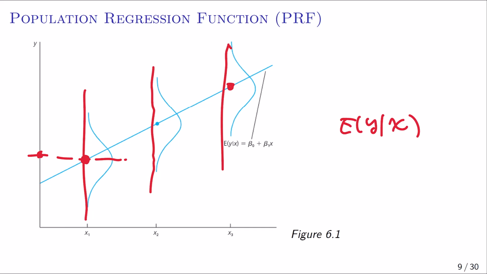Given x1, there is an expected value of y, and this expected value of y is exactly the center of this bell-shaped curve. Or you can say this normal distribution uses this value as its mean, right? The same thing here. That's why each value on this line is the mean of a normal distribution.